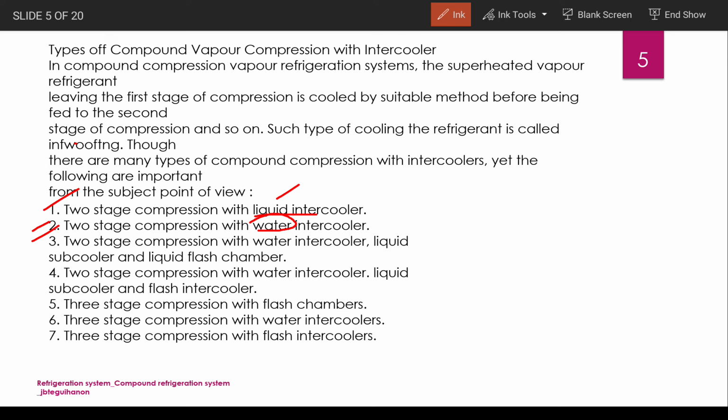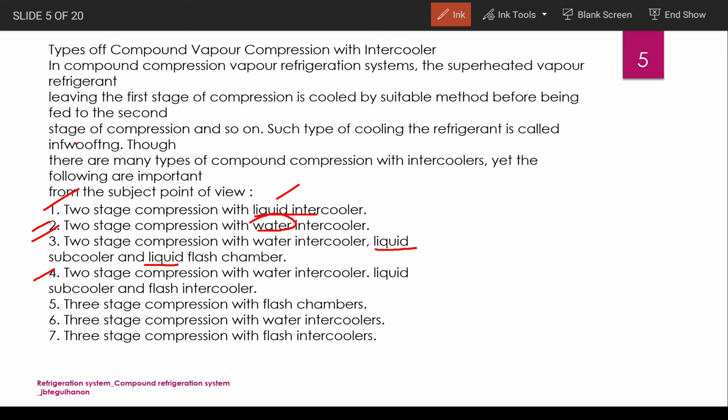When we use the word liquid, it's the liquid refrigerant. So number three is now the combination. Number four, two-stage compression with water intercooler, liquid subcooler, and flash intercooler.